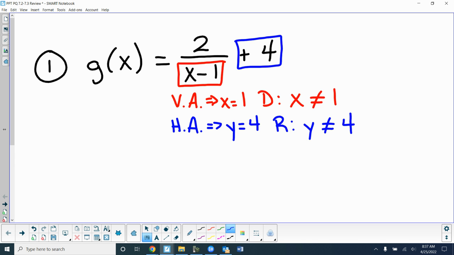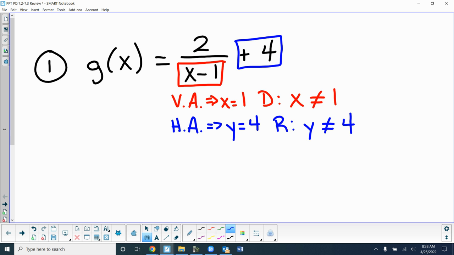Again, that's when it's just a whole number in the numerator. When we go over number 3, it's a little different. For the horizontal asymptote, the vertical is the same. The horizontal is going to be a little different because we have a variable in the numerator. Oh, the same with 2 and 3, I guess. Okay, any questions on how I got those two answers?